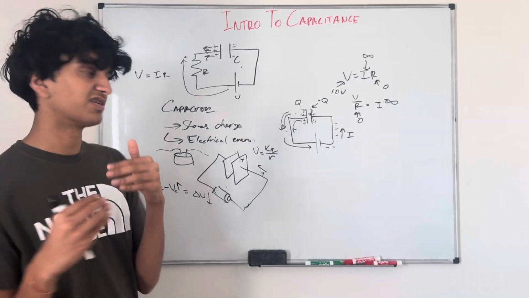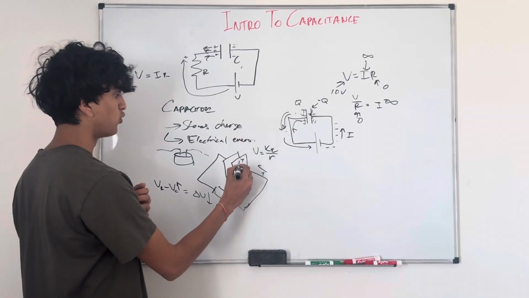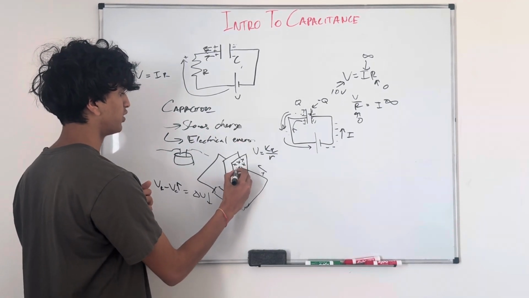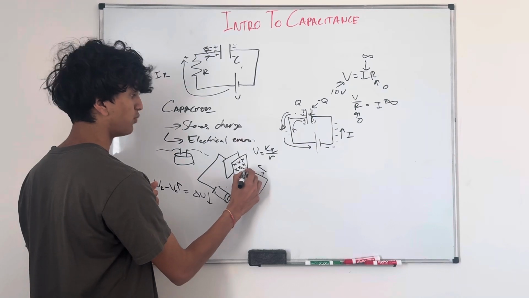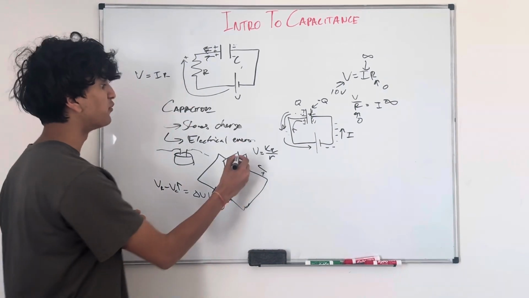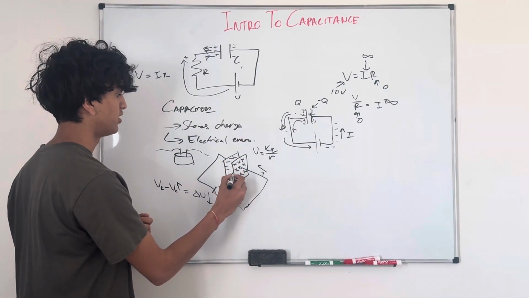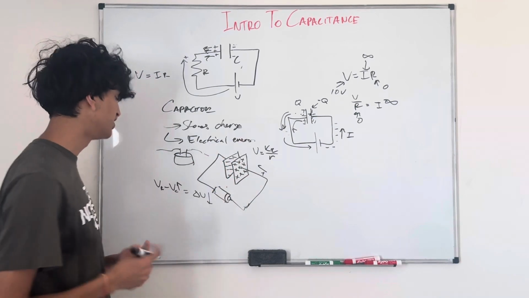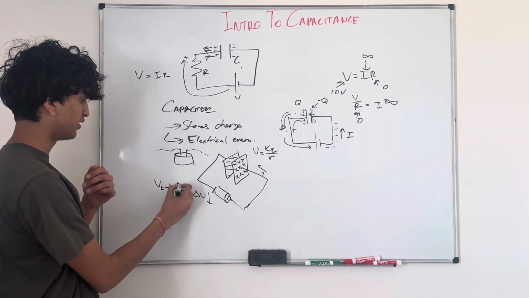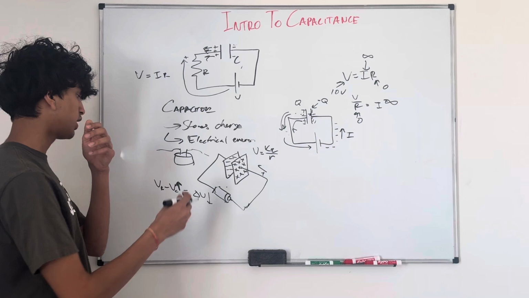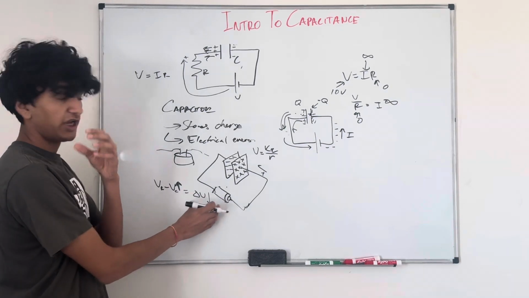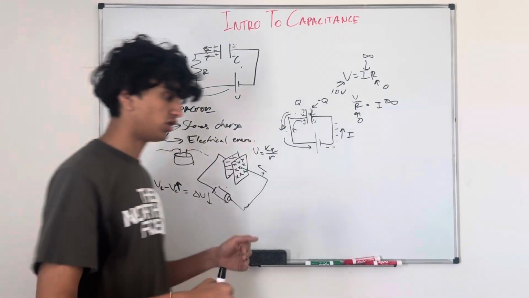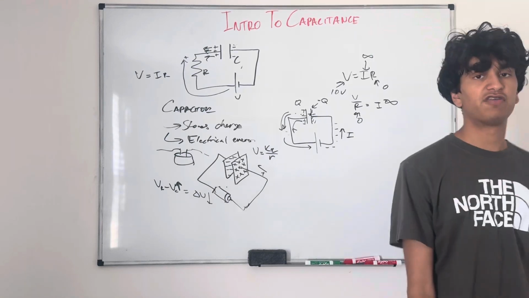So the current is going to slow down. And as you get more and more charge building up, and remember we have the same amount of negatives on this side because the positives were leaving, as this gets bigger and bigger, the change in potential is going to get smaller and smaller, and eventually it's going to get to zero.